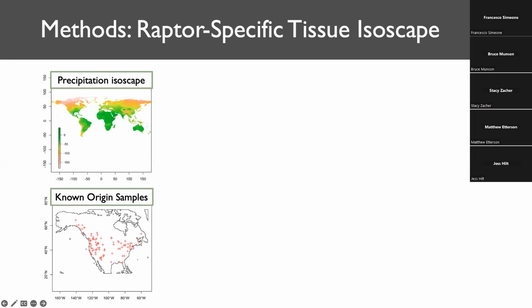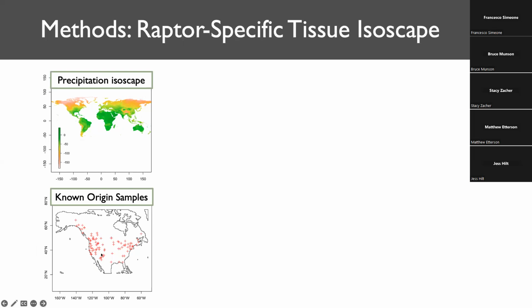So to make this relationship, remember the fractionation that occurs, we need to know the relationship between precipitation and feathers. I took some data that's readily available from precipitation and paired it with samples from birds that were captured at known breeding locations.